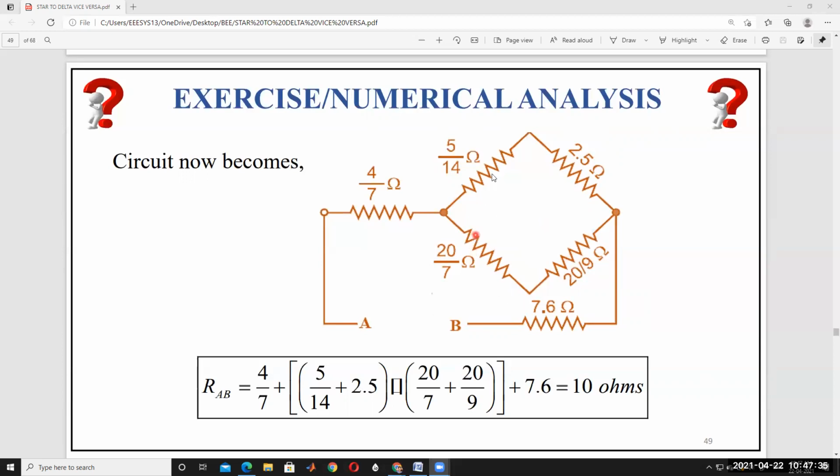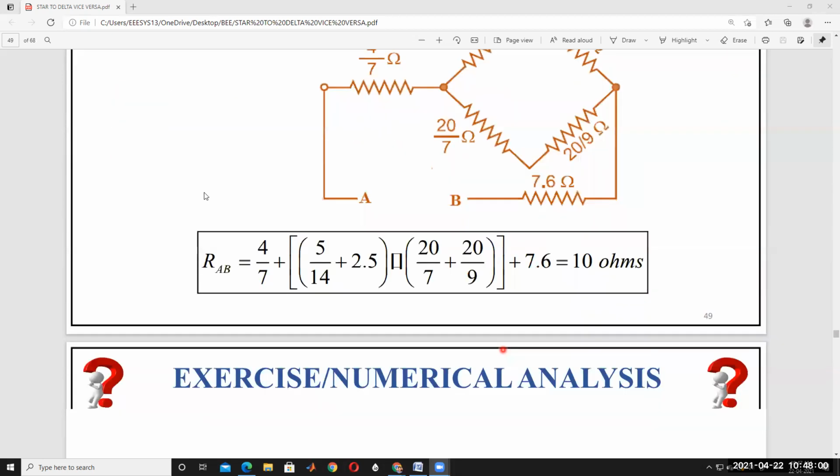And this arm and this arm will become parallel. This equivalent resistance and this equivalent resistance will become parallel, and in series with it 7.6. R1 R2 divided by R1 plus R2. Do the parallel operation here, and you will get 10 ohms. The resistance between A and B is nothing but 10 ohms.